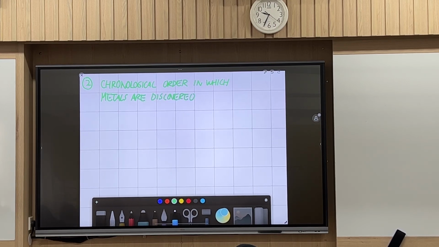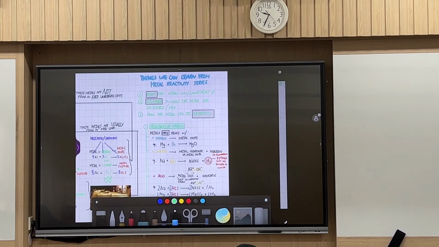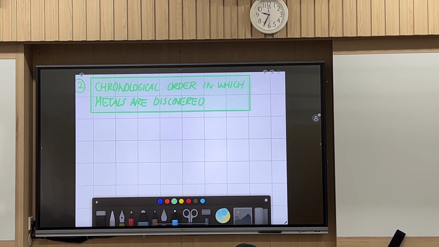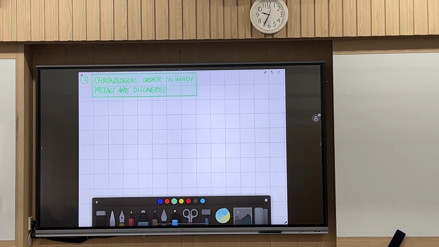I'm not teaching you history, okay, but you may have heard of the Stone Age. Stone Age is, of course, when we use stone, and also some metals like gold and silver. So can you put down the chronological order? This is the arrow of time. We have present on the right, and past on the left. So this is the chronological order.